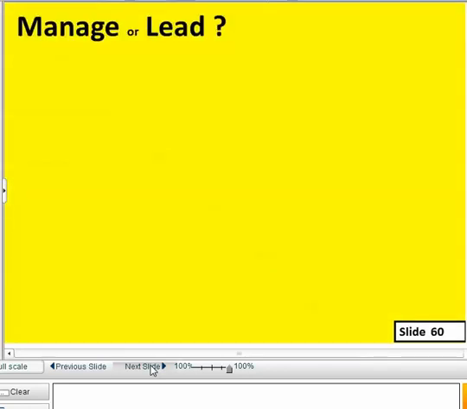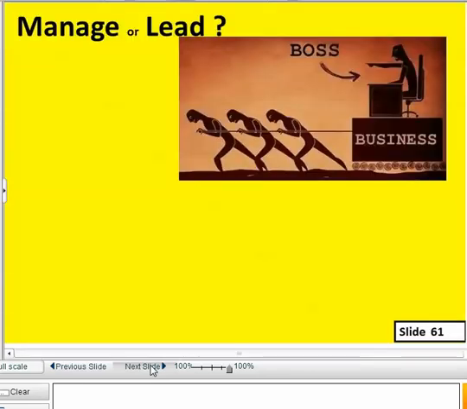Okay? Now, another thing you want to be cognizant of is the difference between managing and leading. Or supervising, managing and supervising compared to leading. In managing, basically you have a boss who says, do this, period, and they direct other people to do it.